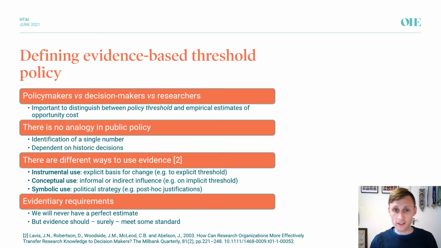You'd want robust and validated estimates if you were going to use them directly in policy. The fact is, we'll never have a perfect estimate of opportunity costs for any health service. There are simply too many moving parts. So in this scenario, it may be more reasonable to make conceptual use of the evidence such that you're not heavily reliant on it being correct in order to make sensible decisions.